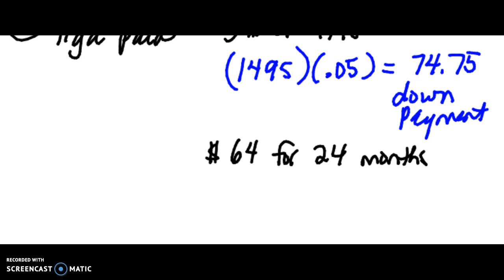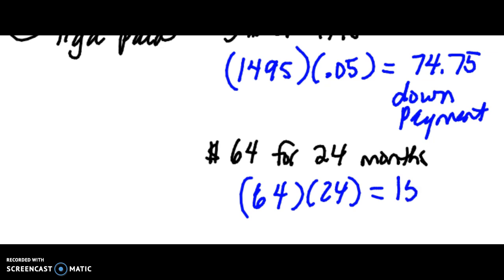So we want to take the $64 that she paid every month for 24 months and multiply them to find out how much money she paid over the course of those 2 years. And we find that she paid $1,536 over the 2 years.